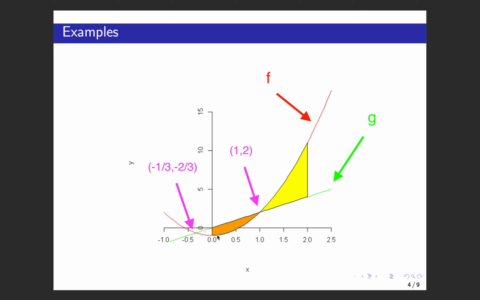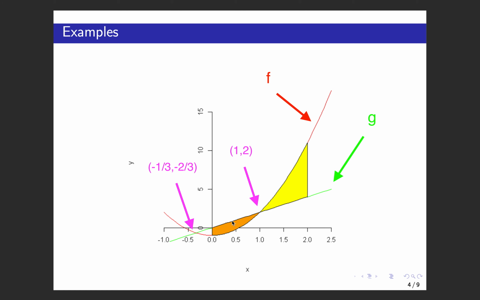Now let's look at the subinterval [0, 1]. You see in this subinterval the function f of x is below g of x, and on the subinterval [1, 2], you see g is below the function f of x.